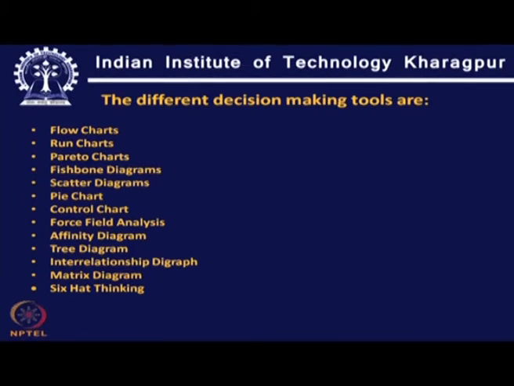Because in this short span it is not possible to cover the details of all the different things listed, it's useful if the learners try to learn on their own part what a flow chart is, what a run chart is, a tree diagram, and all these things. So you can refer to the net to find out how decision making takes place at the group level.